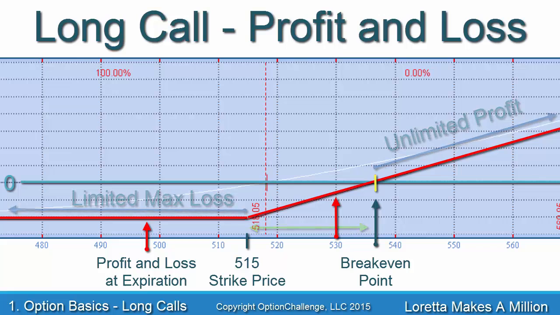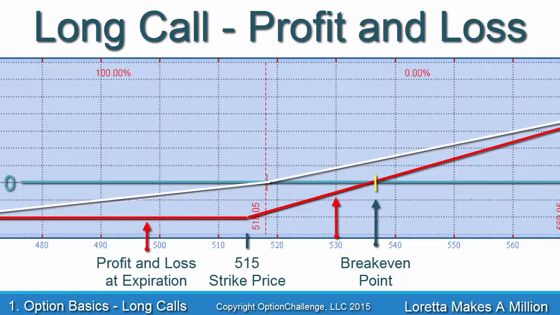Now let's talk about the white line. The white line is the profit and loss graph of the long Google call today. As each day goes by and we get closer to expiration, the white line gets closer to the red line. This will be explained further in a later video. You will note that you can make a profit sooner on the white line than the red line.